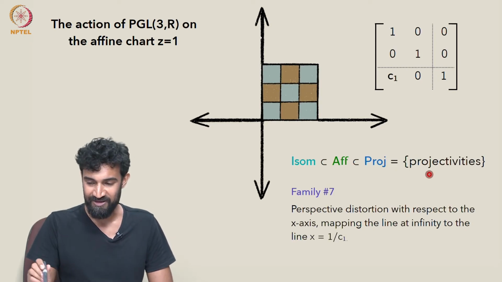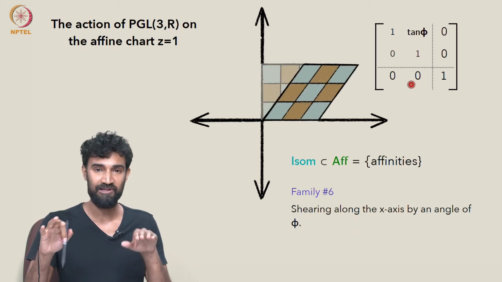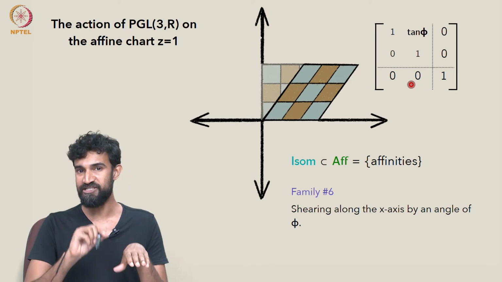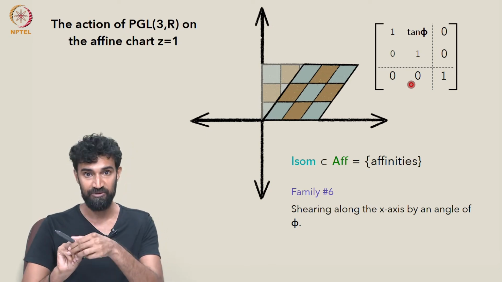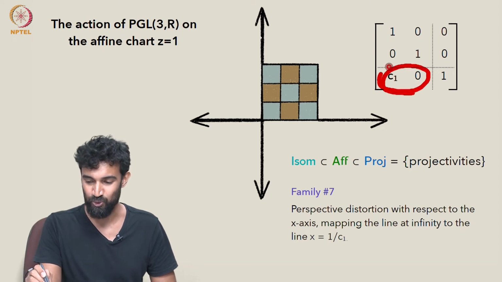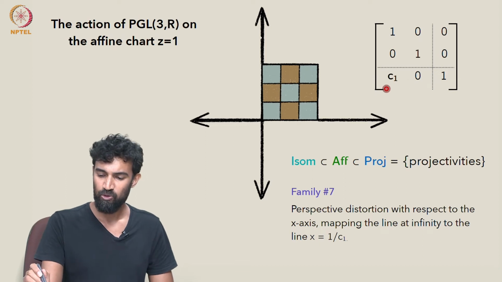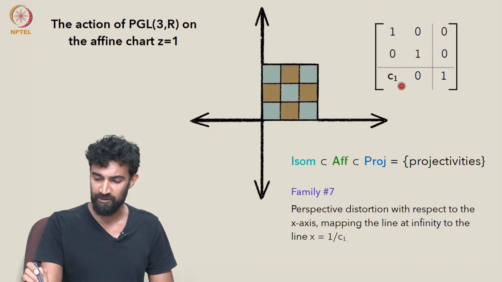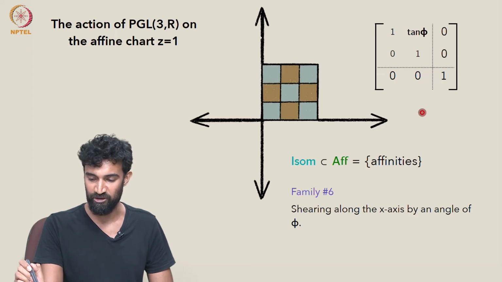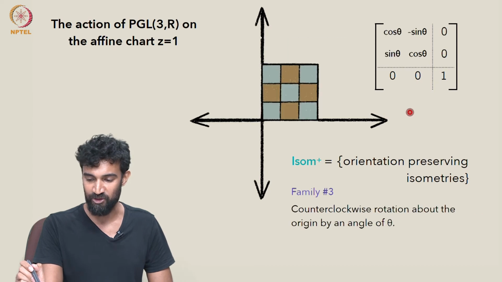And up till now, we've been preserving that plane z equals 1. We've been fixing that plane z equals 1. We're not actually taking any vectors in that plane off of that plane. But now we get to the really interesting things that are fully new. You wouldn't see these in your first course in linear algebra probably, where we start allowing non-zero entries in these two coordinates here. Up till now, everything has had these as 0.